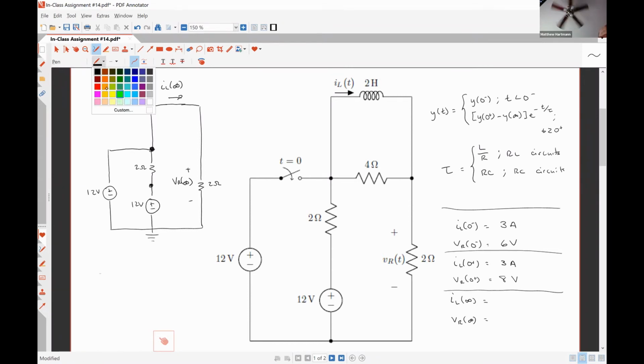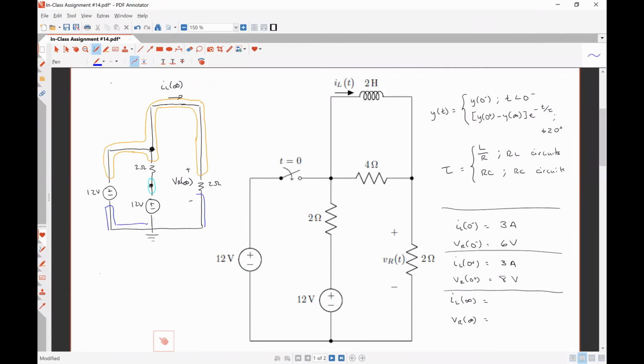Let me exaggerate the node, like we would have done on maybe the first day of class. And we have a second node here, and we have a third node.